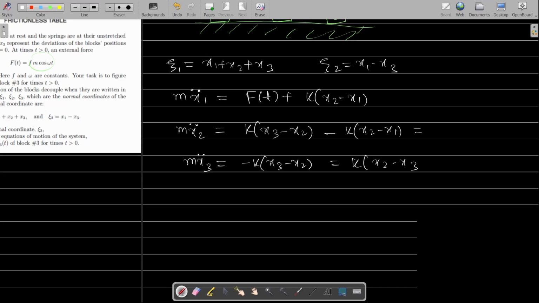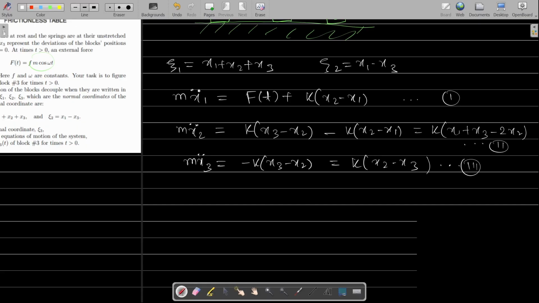And mass 2 turns out to be k(x1 plus x3 minus 2x2). So we have equations 1, 2, and 3.